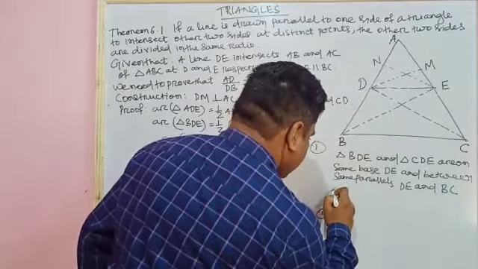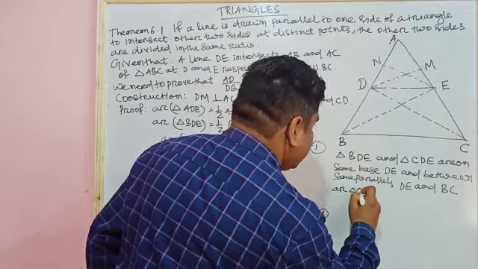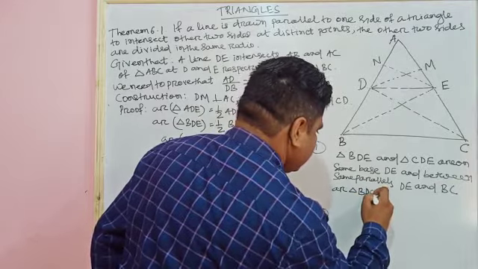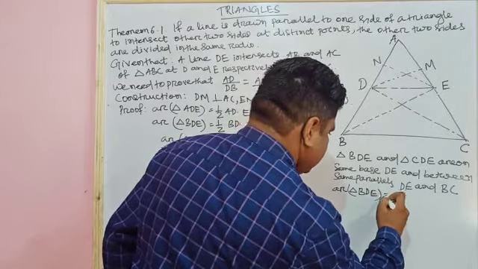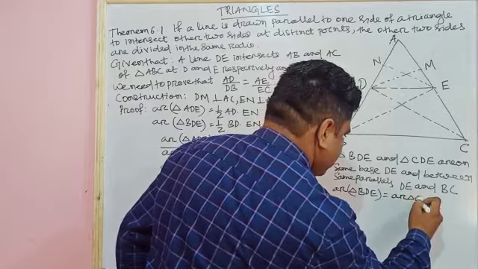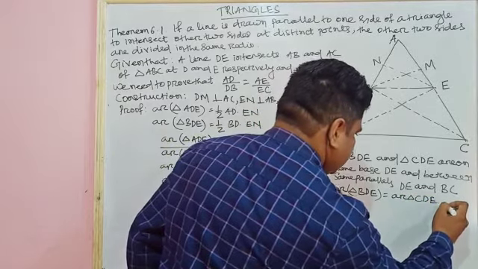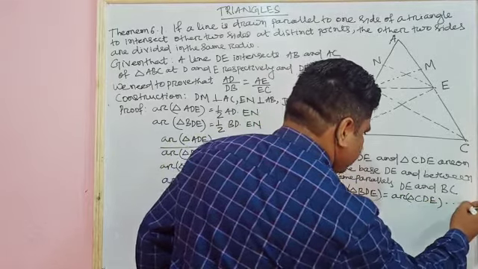So area of triangle BDE is equal to area of triangle CDE. Let it be equation 3.